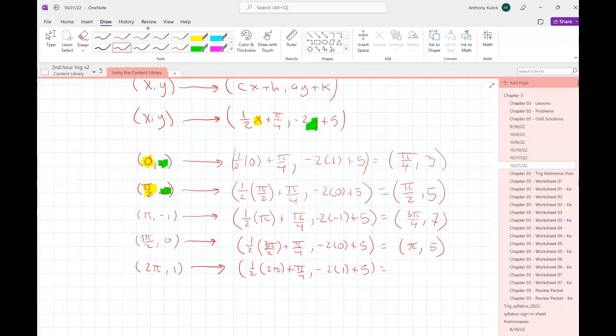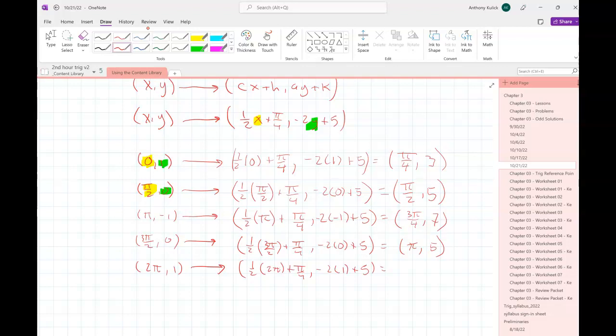All right, 1/2 times 2 pi. What's 1/2 times 2 pi? Nope. No, 2 pi over 2, or just pi. And pi plus pi over 4 is? Five pi over 4?